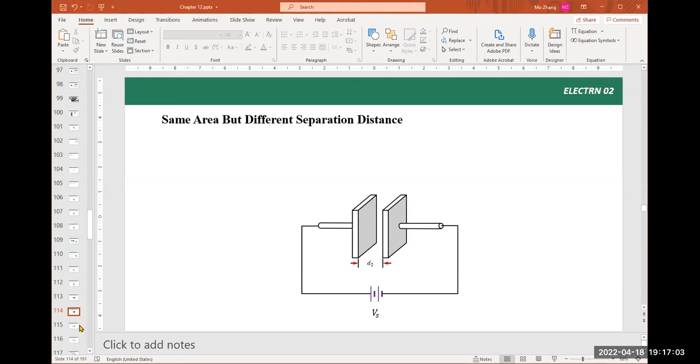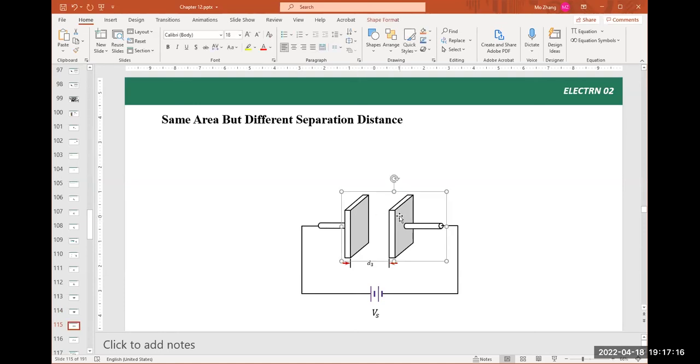And now we still want to move it further apart. Let's say we continue moving the second plate further to New York City. The first plate is still in downtown LA, and the second plate eventually moved to downtown New York City.